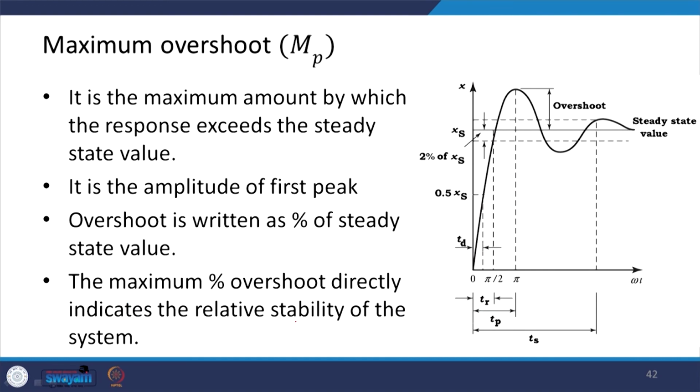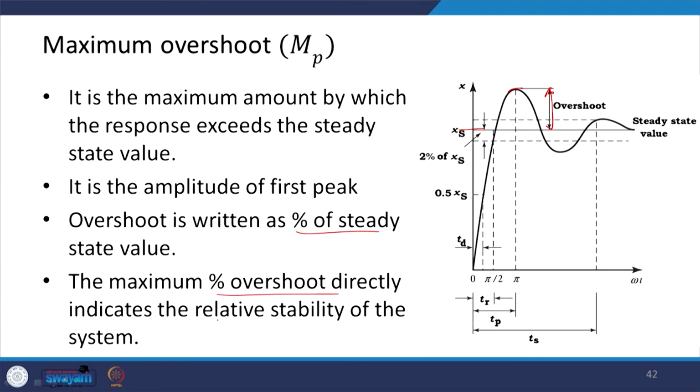Then you have the maximum overshoot. This is the maximum value of the response measured from the steady state value, that is what is called the overshoot. It is the maximum amount by which the response exceeds the steady state value, the amplitude of the first peak, and this overshoot is written as a percentage of the steady state value.